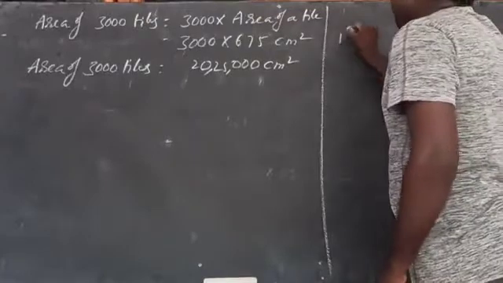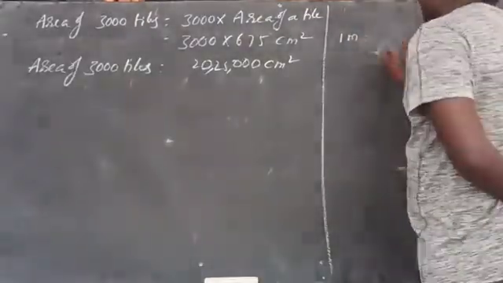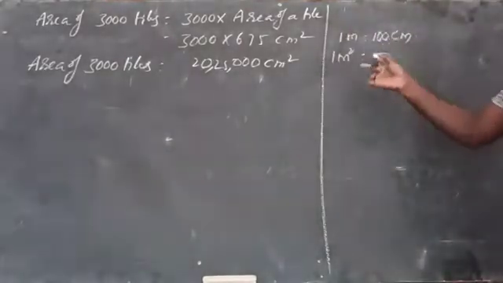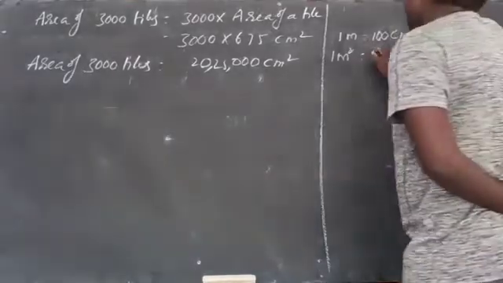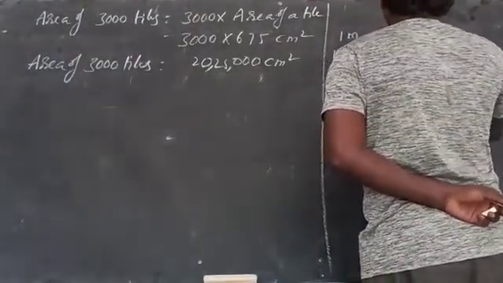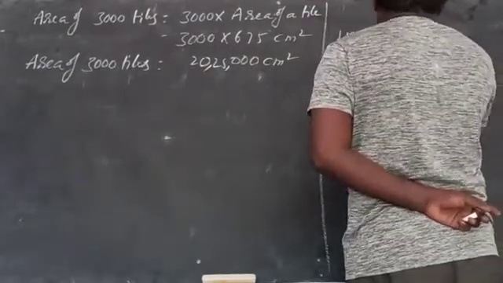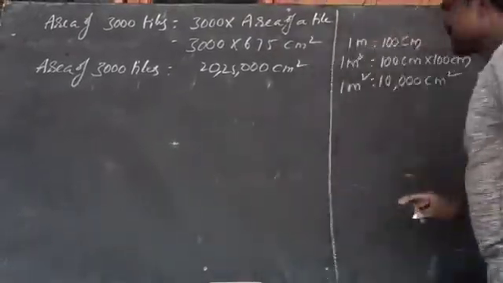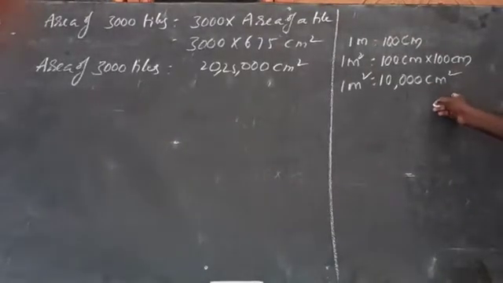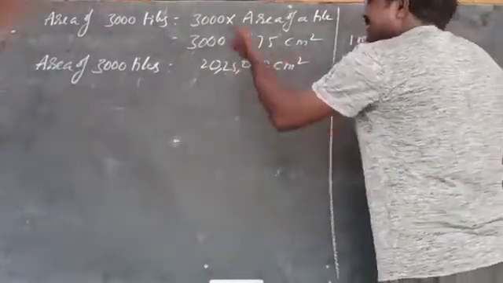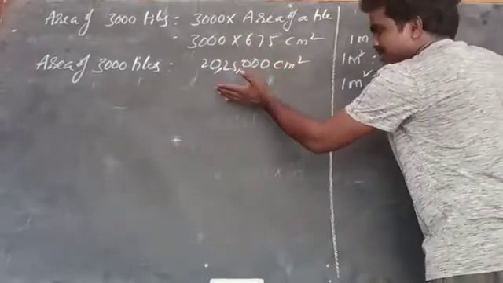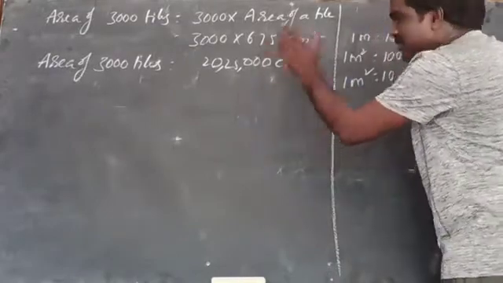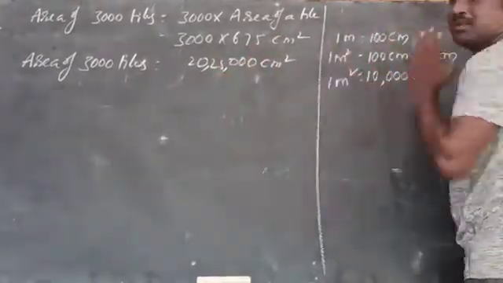Here 1 meter is equal to how many centimeters? 100 centimeters. 1 meter square means 1 meter into 1 meter, which is 100 centimeter into 100 centimeter, that is 10,000 centimeter square. So 1 meter square is equal to 10,000 centimeter square. Why is it changing into meter square? They have given that the cost per meter square is 20 rupees, so that's why the centimeter square is changing into meter square.